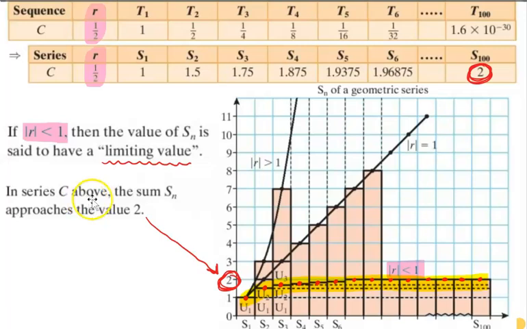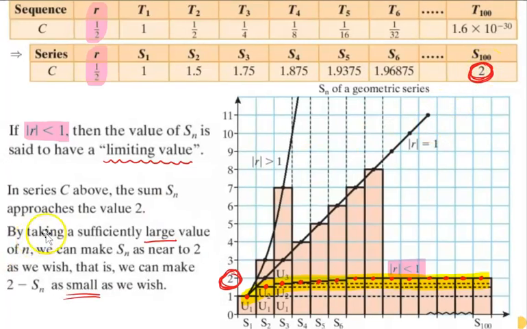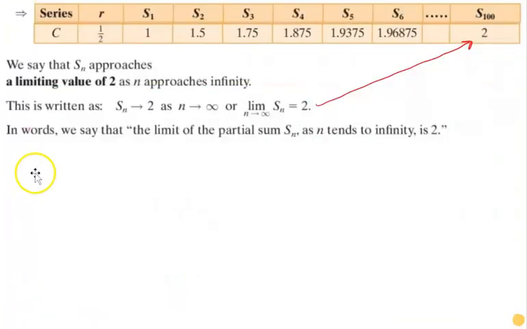In series C above, the sum Sn approaches the value of 2. By taking a sufficiently large value of n, we can make Sn as near to 2 as we wish. That is, we can make 2 minus Sn as small as we wish. We say that Sn approaches a limiting value of 2 as n approaches infinity.